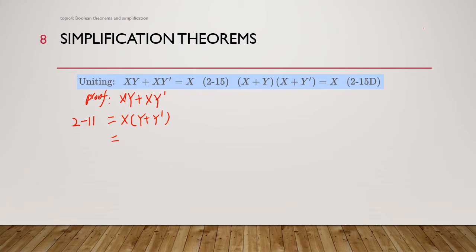Then we apply the law 2-8, which says that y or y prime should equal 1. Finally, apply 2-4d. D means dual. This is equal to x. So it's proved. Then we don't have to prove the other one because it's a dual, so it's also true.